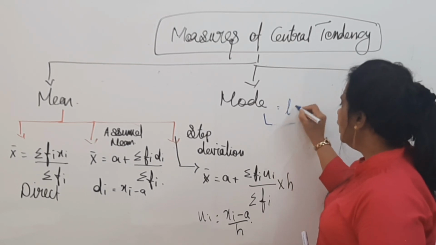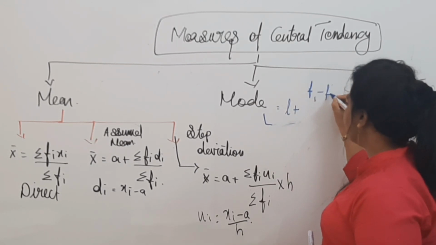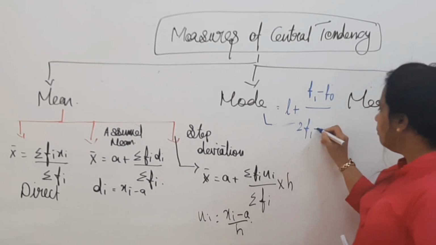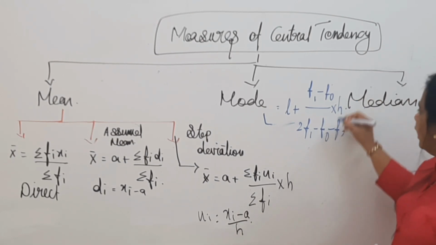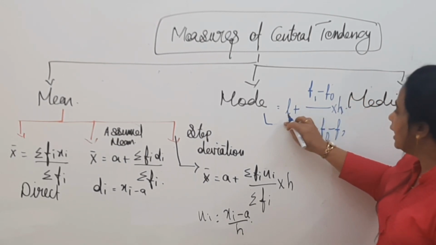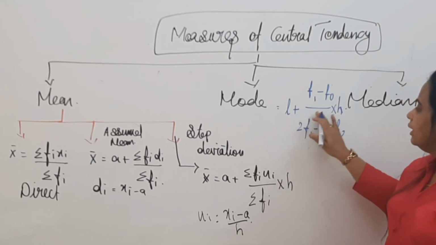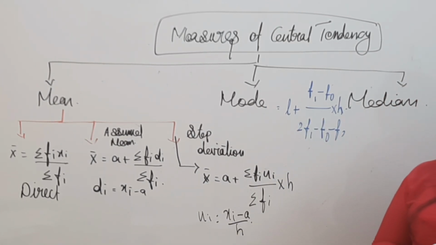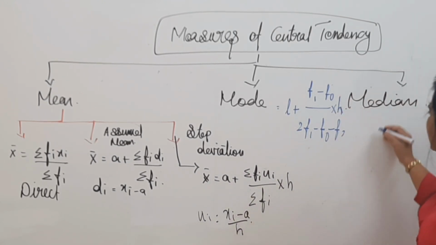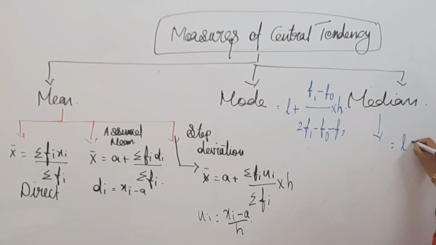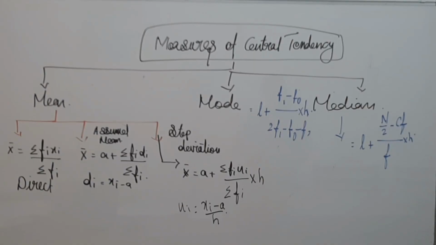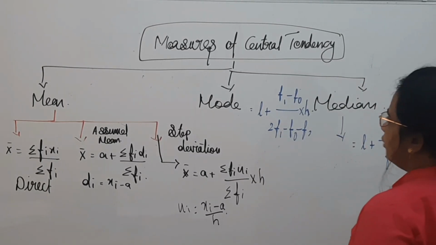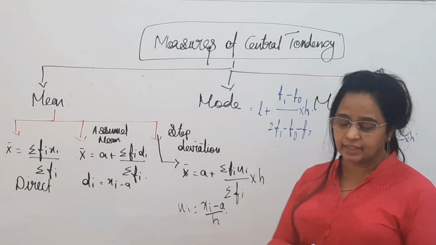Mode is equal to L plus F1 minus F0 divided by 2F1 minus F0 minus F2, into H. Everyone understand, my formula is L plus F1 minus F0 divided by 2F1 minus F0 minus F2, into H. Now for the median, the formula is L plus N by 2 minus cumulative frequency divided by frequency, into H. So now you understand the formulae for these measures of central tendencies.